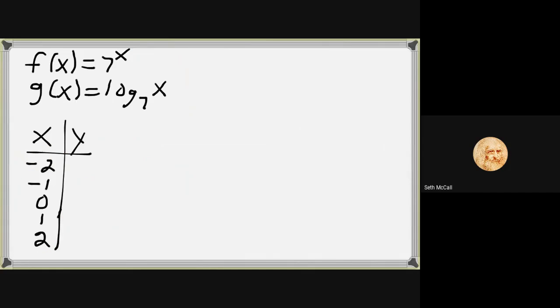For the first couple, I'll write out the algebra. I'm not going to write out the algebra for all of them. But let's start with 7 to the -2. That becomes 1 over 7 squared, which is 1 over 49.